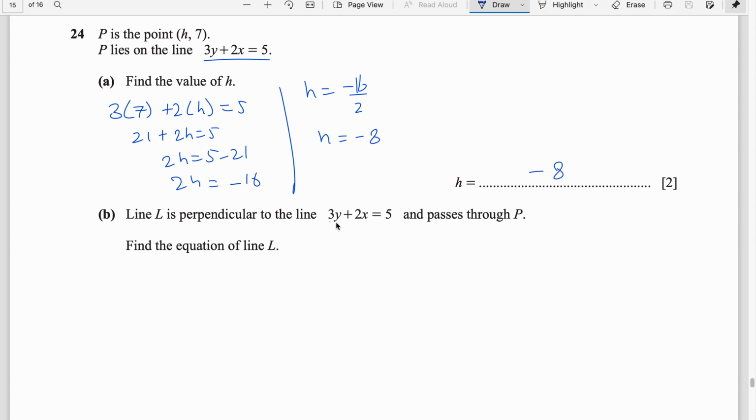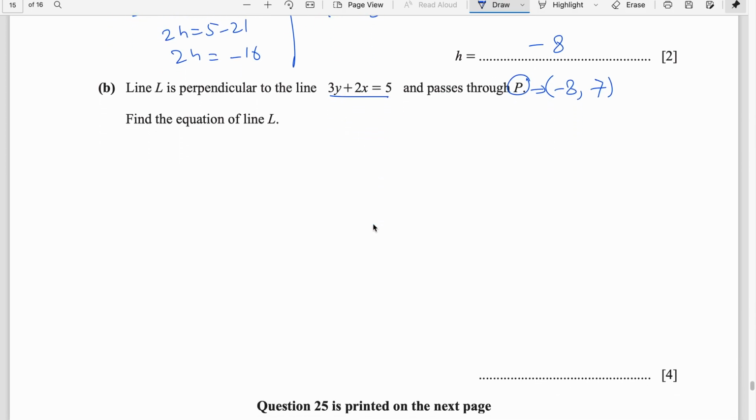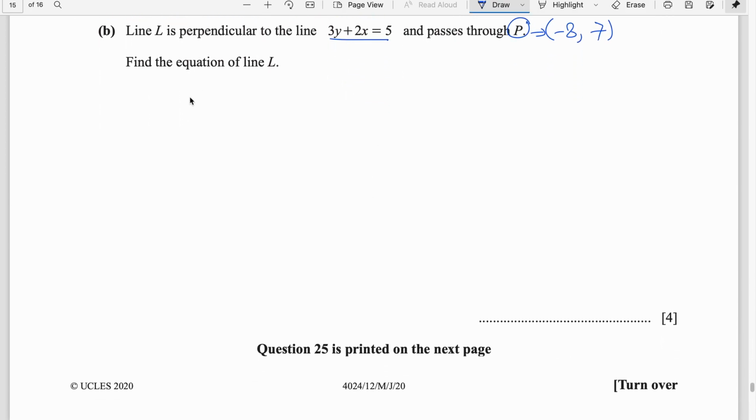Line L is perpendicular to this line and passes through P, and P was h comma 7. We now know h is minus 8 and y is 7. So this is P. It passes through P and is perpendicular to this. So first find the gradient using this line, 3y plus 2x is equal to 5. y is equal to mx plus c, so I'm making y the subject. 3y is equal to minus 2x plus 5. y is equal to minus 2 by 3 x plus 5 by 3.